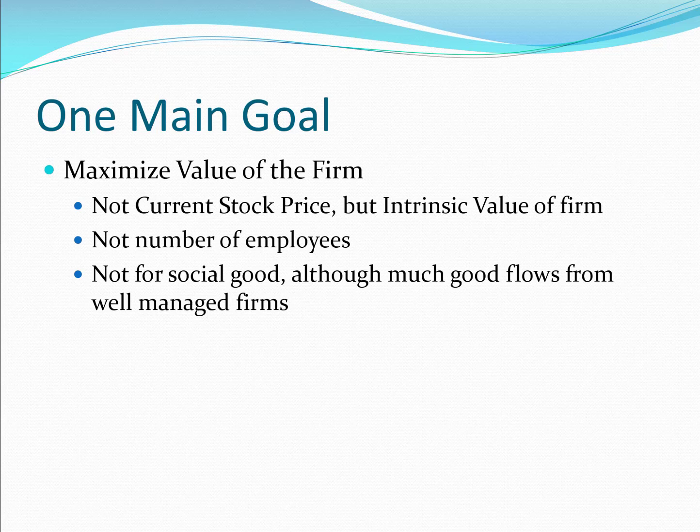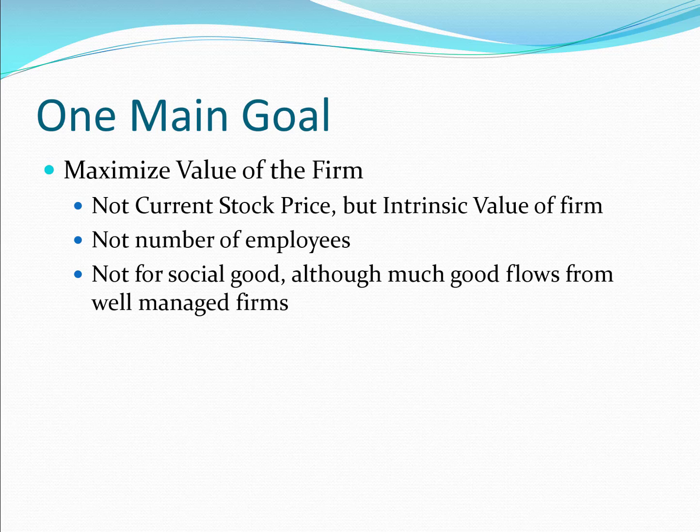Notice that our goal is also not for social good. We're not creating this business to do good in society, although there is much good that flows from a firm that's well managed and selling things that the economy desires. So it's not bad, it's not a negative thing to do social good, but that's not the main reason of a firm.